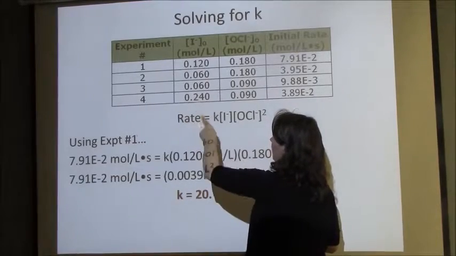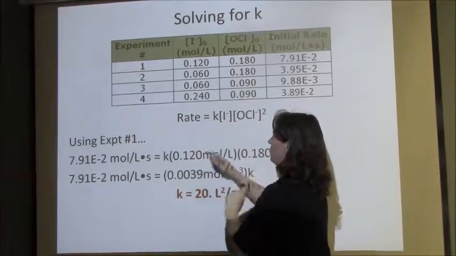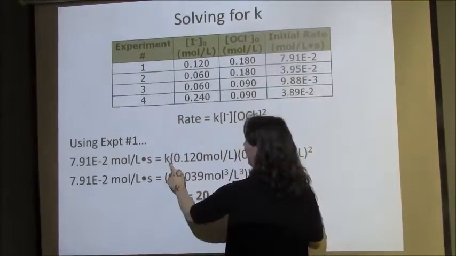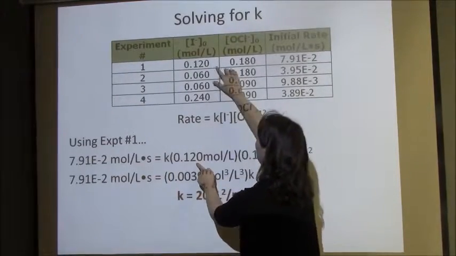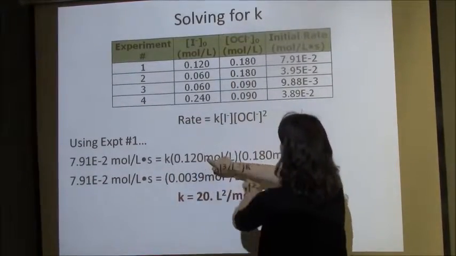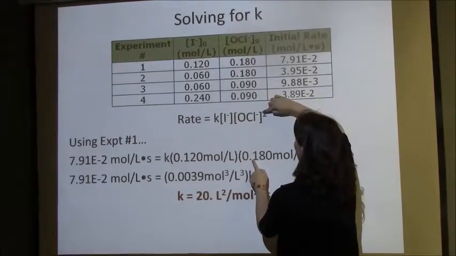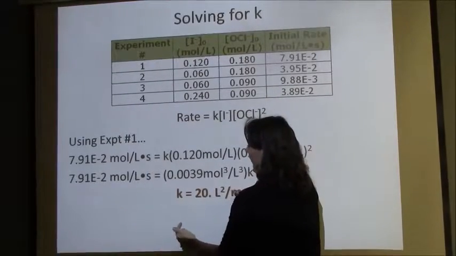All right, so rate equals k times [I⁻] to the first times [OCl⁻] to the second. So here comes my value from trial 1. Rate equals k. Now k is what we're solving for this time. 0.120 moles per liter comes right here. And 0.18 moles per liter squared, right, I'm squaring it, comes from right here. All right, so now we're just going to do some arithmetic.